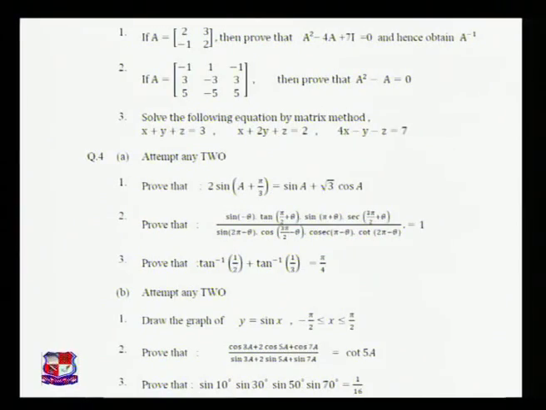Now for the second question of question 4a, that is prove that sine minus theta into tan pi by 2 plus theta into sine pi plus theta into sec 3 pi by 2 plus theta, upon sine 2 pi minus theta into cos 3 pi by 2 minus theta into cosec pi minus theta into cot 2 pi minus theta.